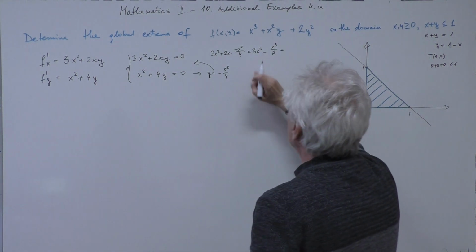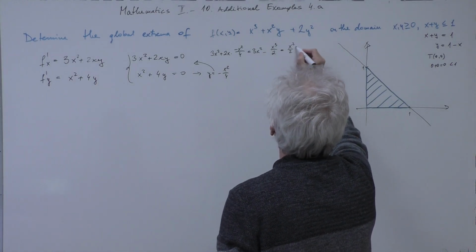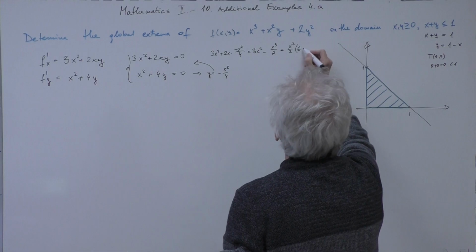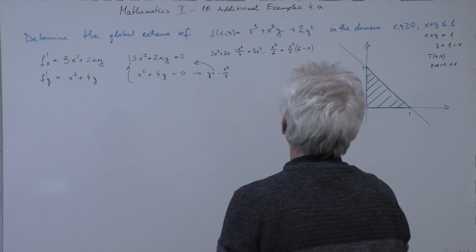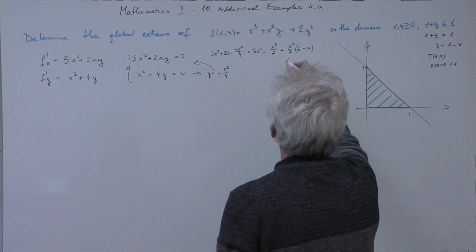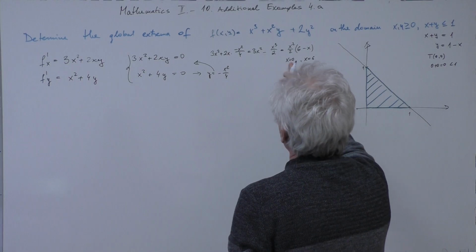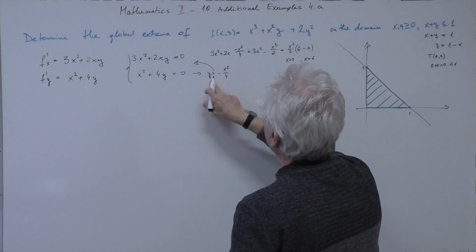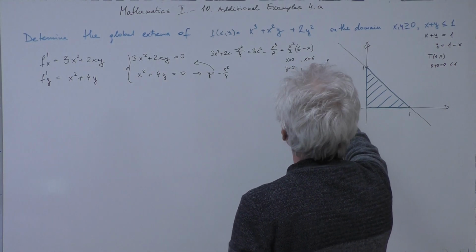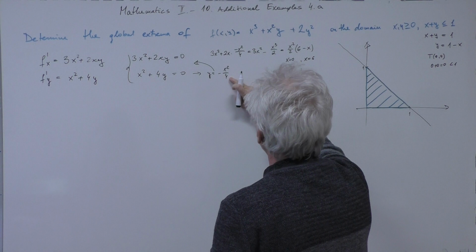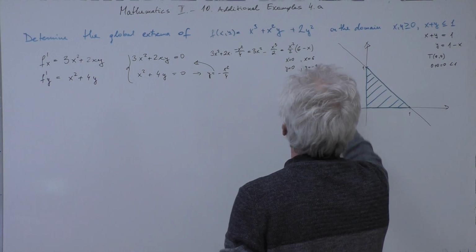We have to show that this is 0, so let's factor out x squared over 2 to have 6 minus x. This product is 0 when x is 0 or when x is 6. When x is 0, y is 0. When x is 6, 36 divided by 4 is 9, so y is minus 9.